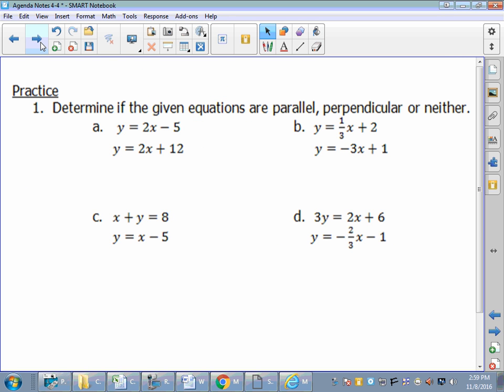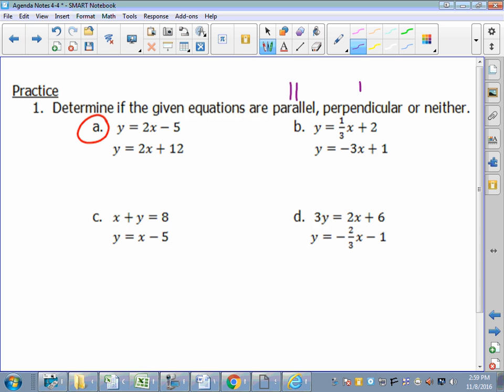So let's start with 1A, I guess. That seems like a good place to start. Notice 1A, the top equation, y equals 2x minus 5. The second equation, y equals 2x plus 12. Now it says, determine if the given equations are parallel, perpendicular, or neither.